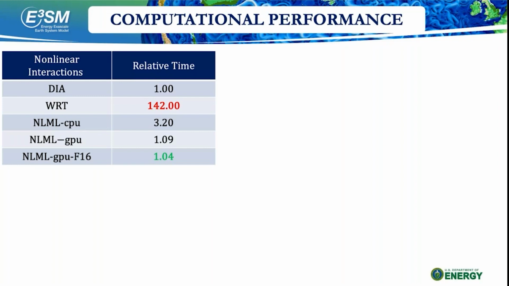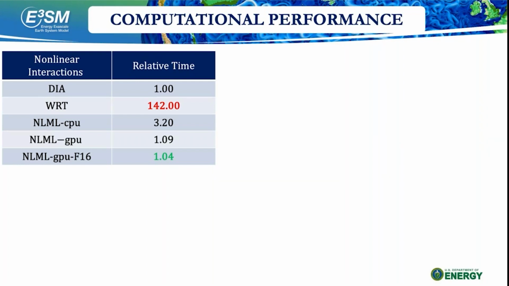And like I said, the WRT compared to DIA is like 142 times more expensive than the DIA. And when we do our inference on CPU, the ML model is 3.2 times slower than the DIA. So we move to GPU for improved performance, and we realize that the ML model is just like 9% slower than the DIA on GPU.